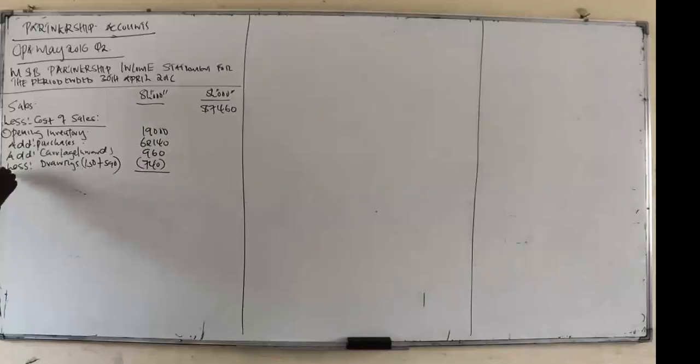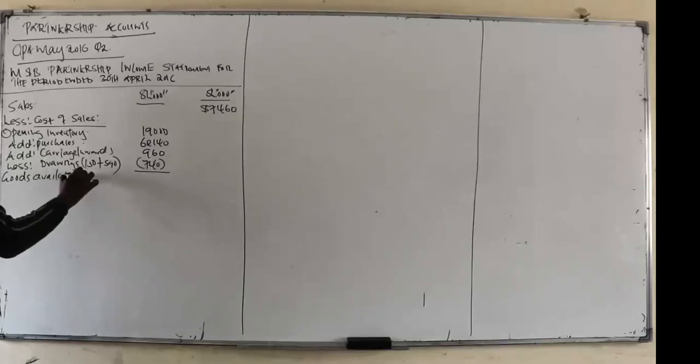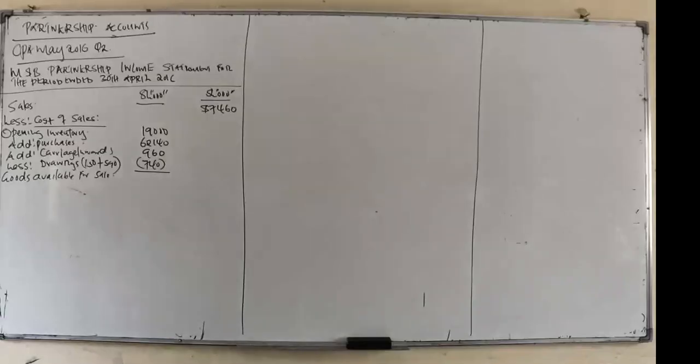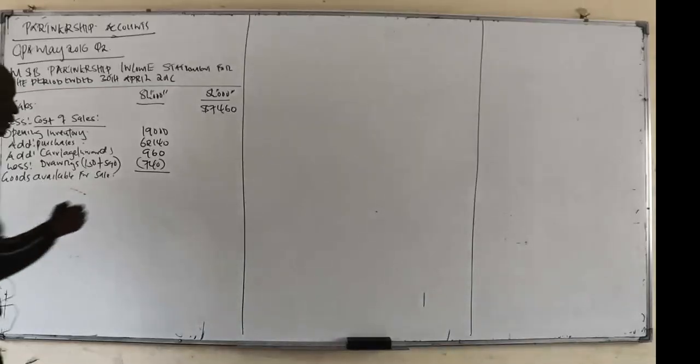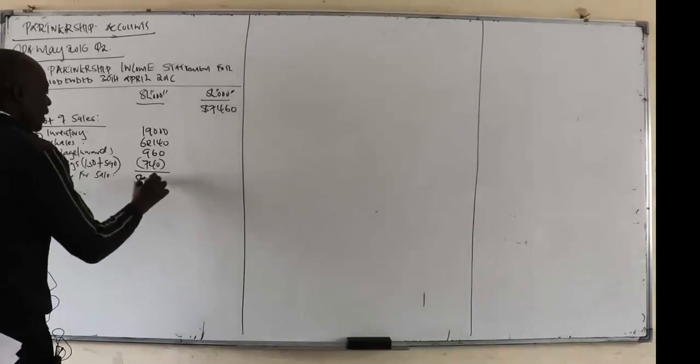So here you less 740. You get what we call goods available for sale. Goods available for sale. What is it? This is 81,360.